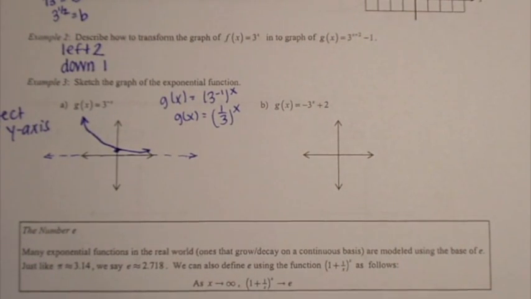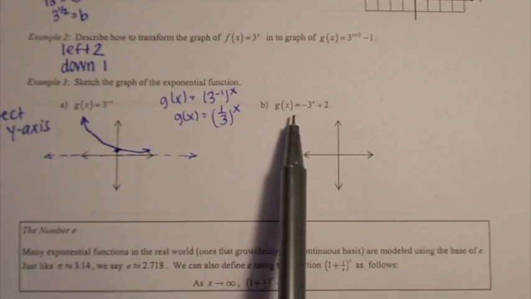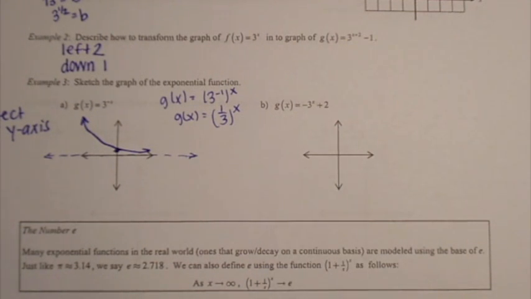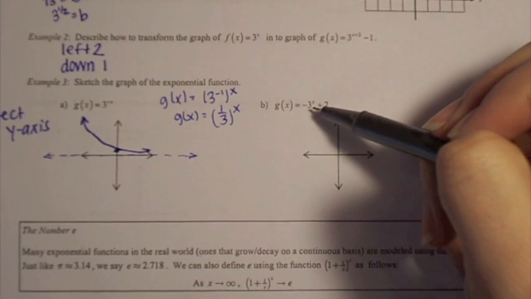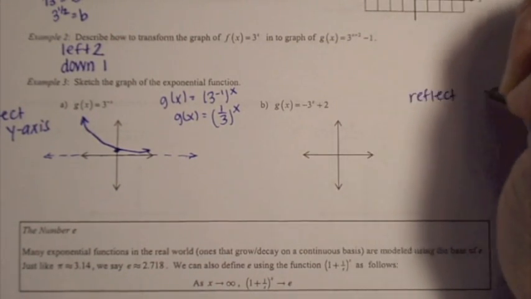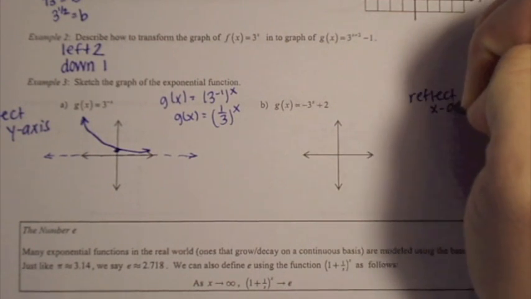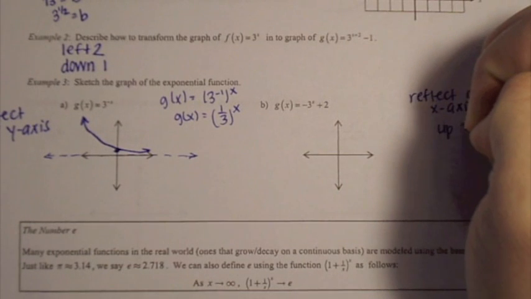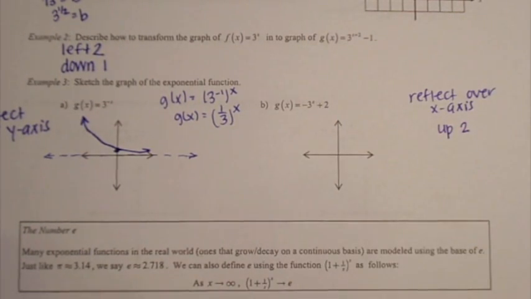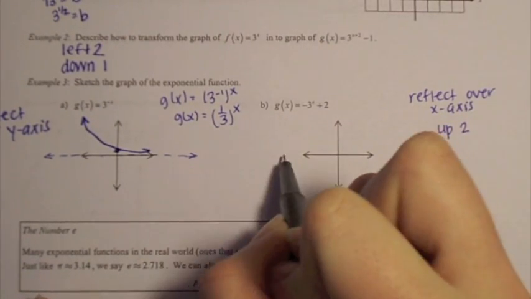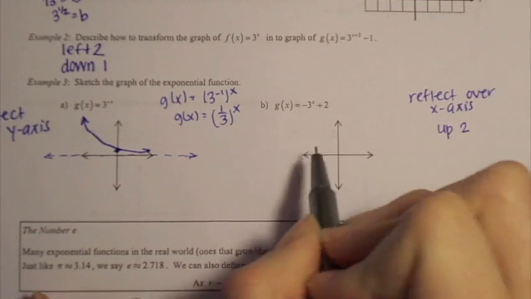Now, let's look at g of x equals negative 3 raised to the x, plus 2. We know we'll reflect over the x-axis since the negative is outside the function. And we know we'll move up 2 because of the plus 2 outside of the function. So our horizontal asymptote is originally on the x-axis.